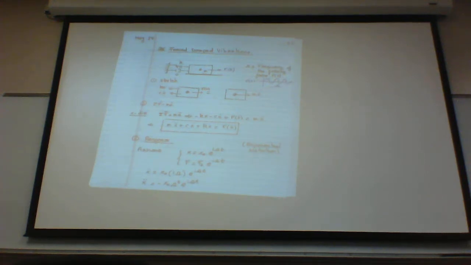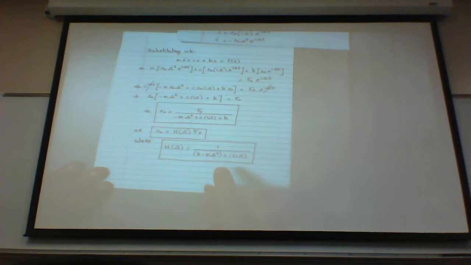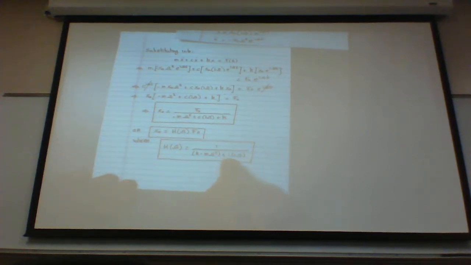The damper is creating a delay between the time of the bump and the time you feel the bump inside the car. Correct? So if you think about a sound wave, it's basically creating a difference in phase, no? Okay? And here the difference in phase, you can see where. This is a complex number. So if it is a complex number, this will mean that this is a phase.